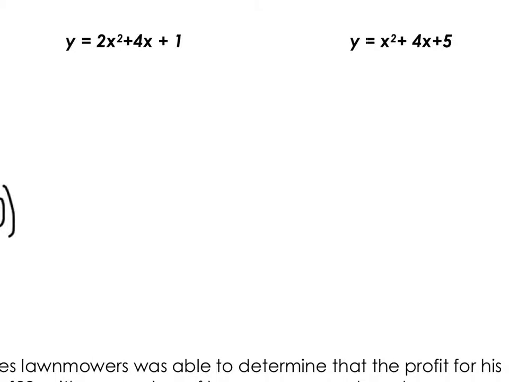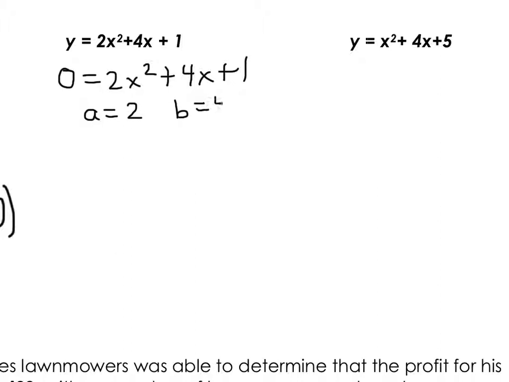Let's solve this to find the x-intercepts. 0 is 2x squared plus 4x plus 1. Can we factor it? I don't think so. Let's try the quadratic formula. A equals 2, B equals 4, C equals 1.